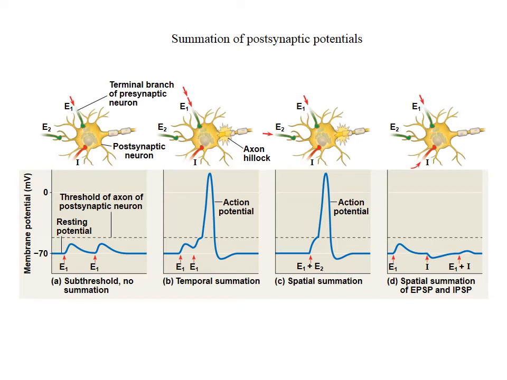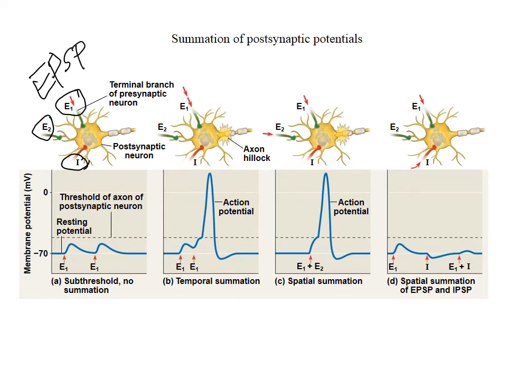So here is E1. So this is a presynaptic neuron. So it's touching a postsynaptic neuron. And here's another one, E2. And they're both indicated in green. But over here we have, actually, that's not an excitatory, this is an inhibitory, so that's why it's in red. So it's an IPSP, whereas these are EPSPs.